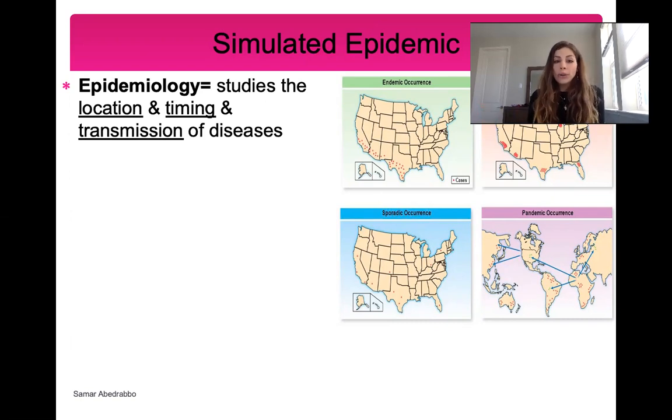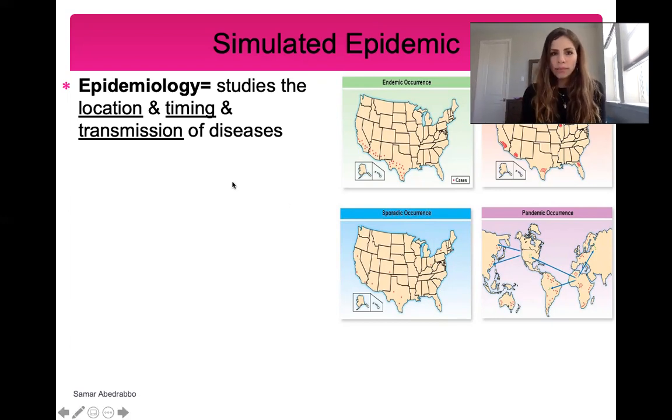They study the location of disease because understanding the location of the outbreak is very important. With coronavirus, the outbreak started in Wuhan, China. The timing of disease is also important. Is a certain outbreak or infection seasonal? Does it only spread in the summer or winter?